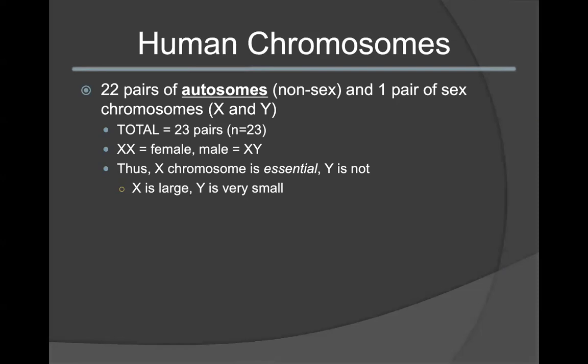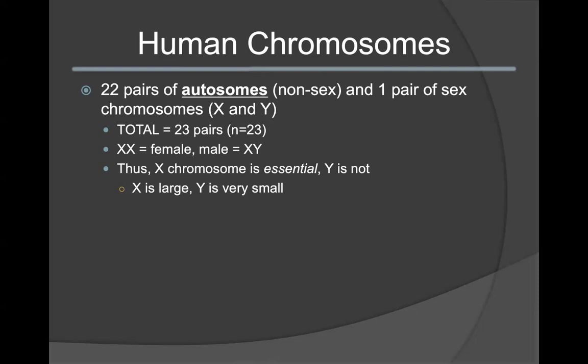Within the human genome, we have 22 pairs of autosomes. These are considered to be non-sex chromosomes and are represented in the karyotype on the previous slide in the chromosome position 1 to 22. In humans, we also have one pair of sex chromosomes, which are your X and Y chromosomes. So in total, we have 23 pairs of chromosomes.